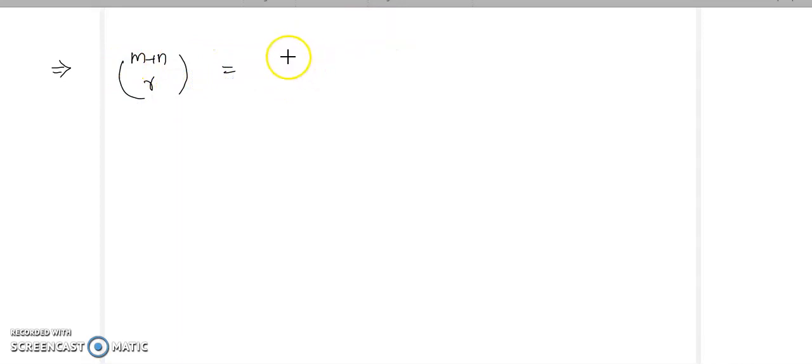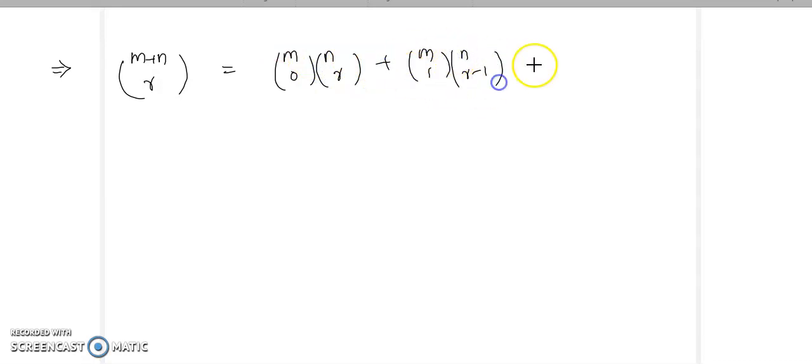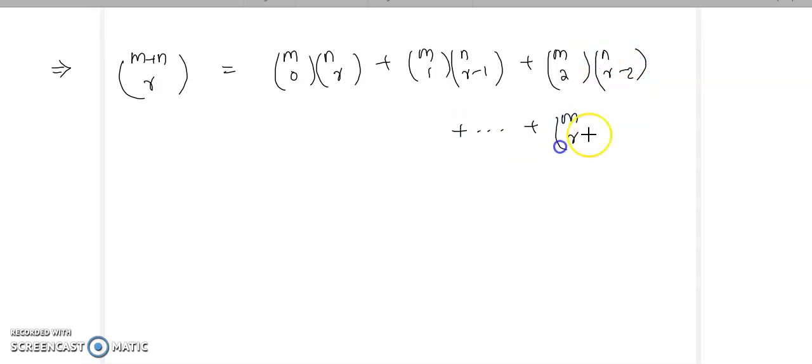On the right side you will have mC0 nCr, then mC1 nC(r-1), plus mC2 nC(r-2), plus etc. The last term will be mCr nC0.